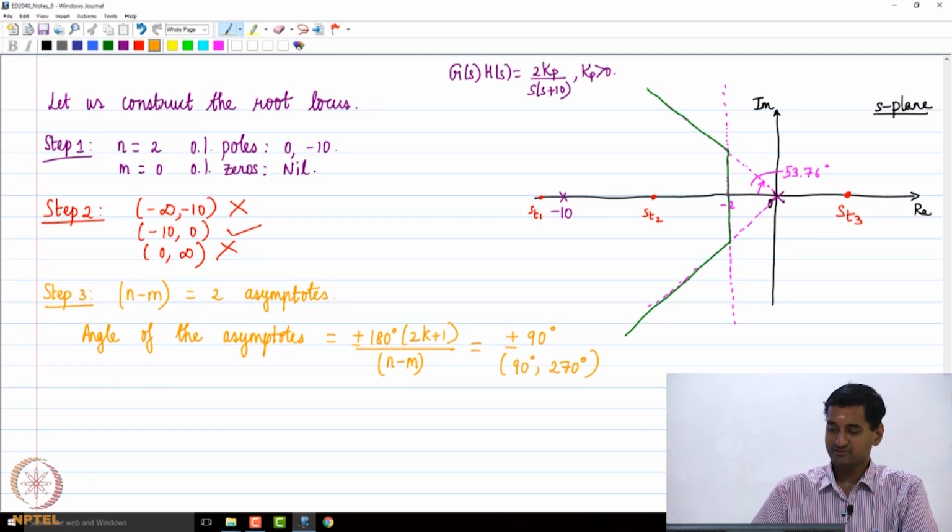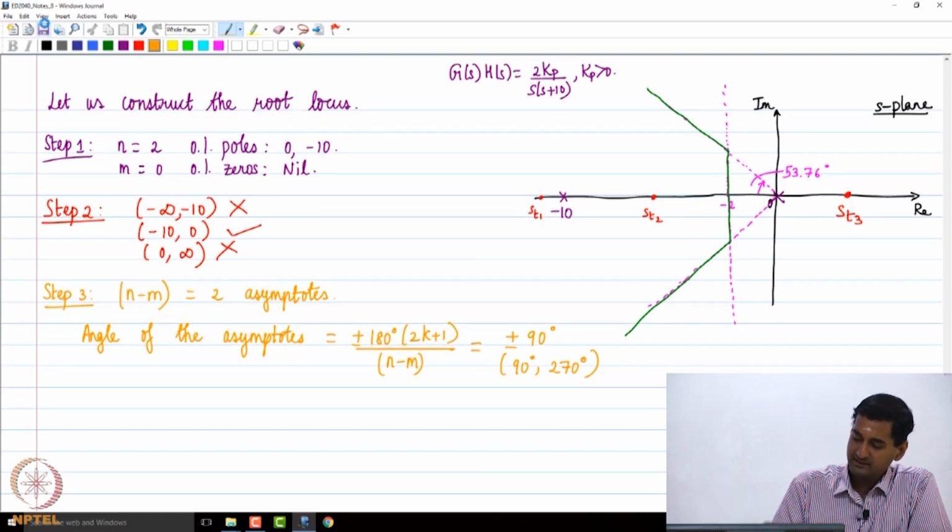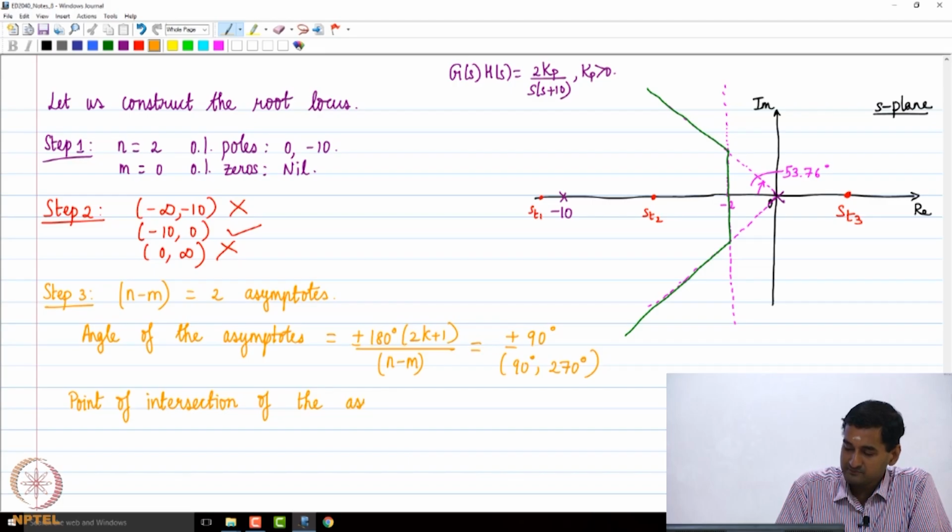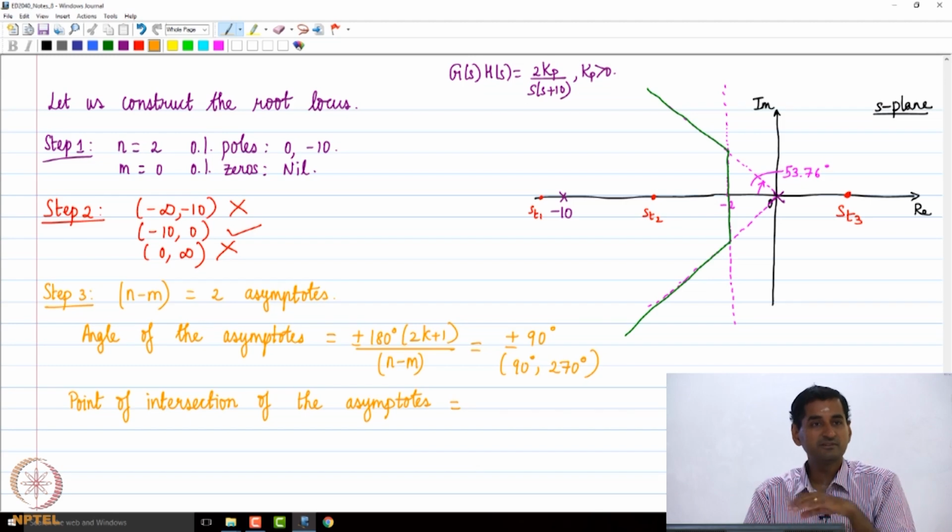So, not only the angle, but also the point of intersection of the asymptotes is something which we need to calculate. That is going to be the sum of open loop poles minus the sum of open loop zeros divided by n minus m.